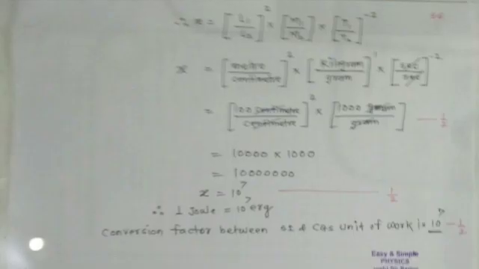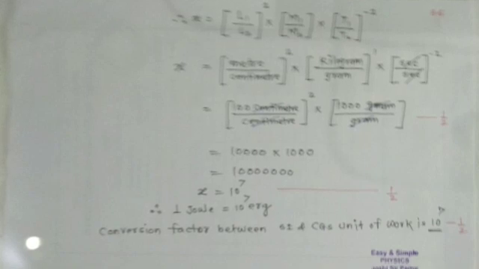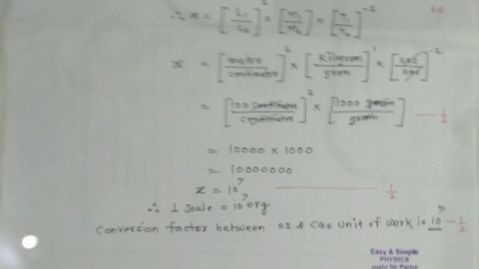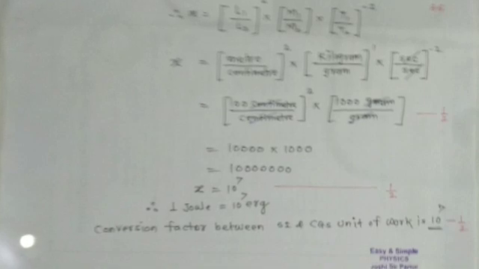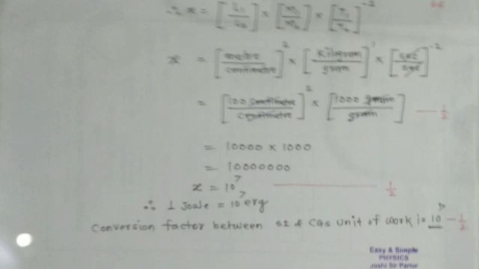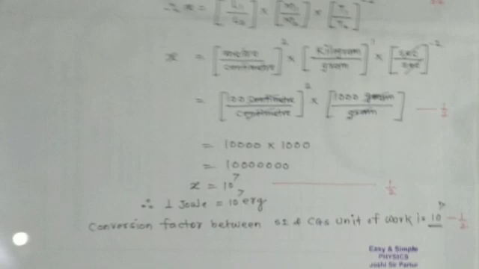So x is equal to (L1/L2)^2 multiplied by (M1/M2) multiplied by (T1/T2)^-2. Here, (meter/centimeter)^2 multiplied by (kilogram/gram)^1 multiplied by (second/second)^-2. First, second gets cancelled.